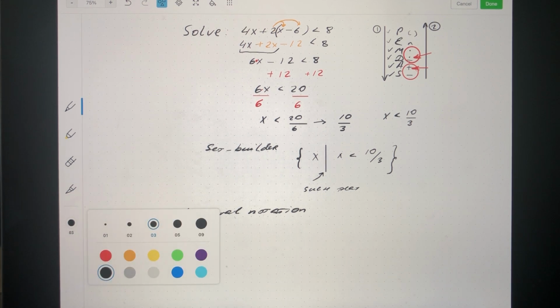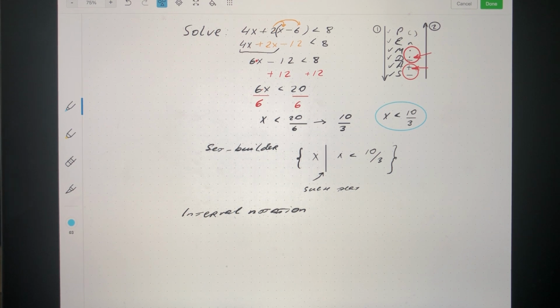So for myself, I will draw what this less than 10 thirds looks like, and to do this I will need to know what 10 thirds actually is, which happens to be 3.333 going on forever.